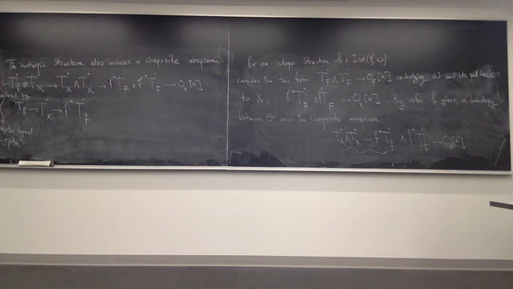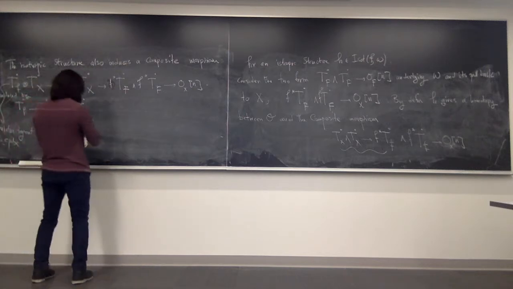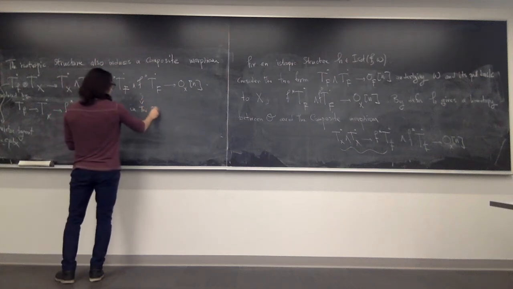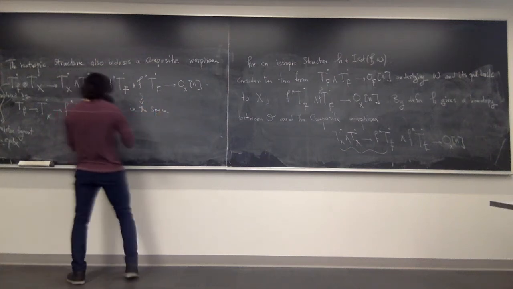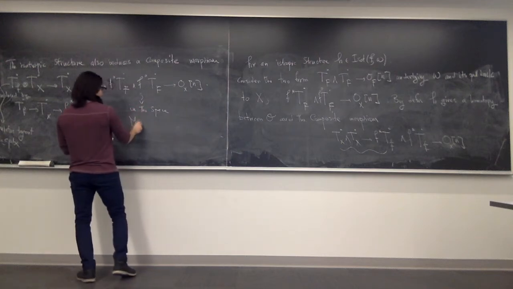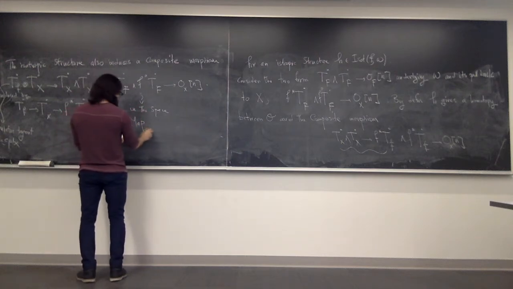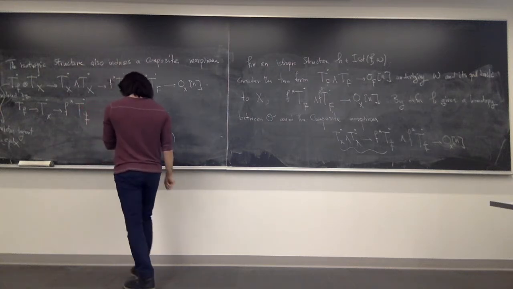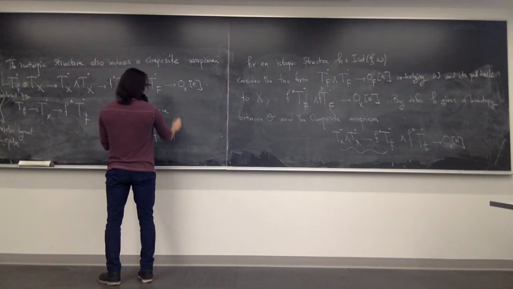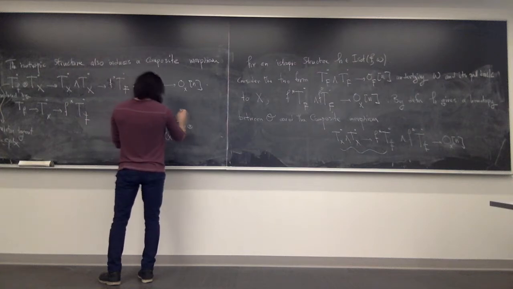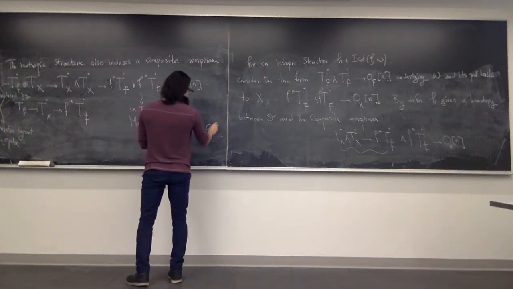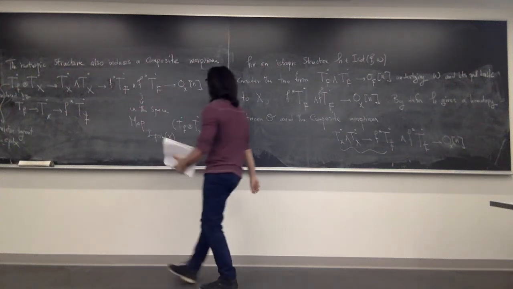And hence this induces a point in the space of maps of quasi-coherent sheaves on this derived stack X, from T dot of F tensor with T dot of X to OX shifted by n.